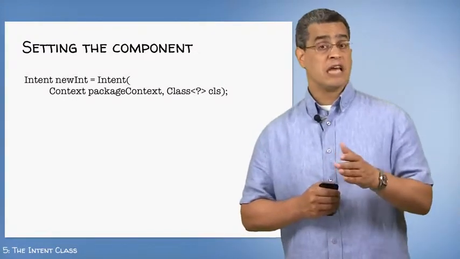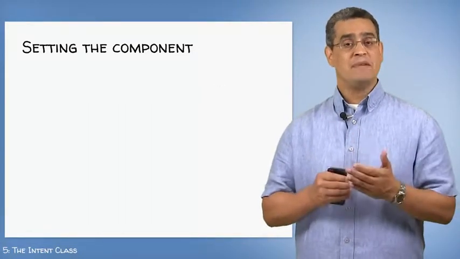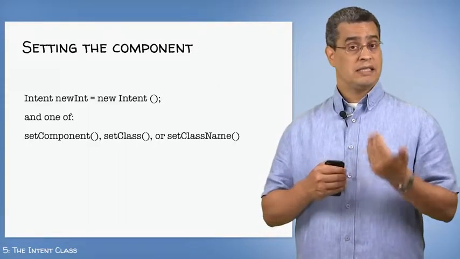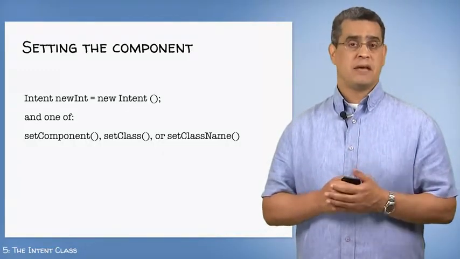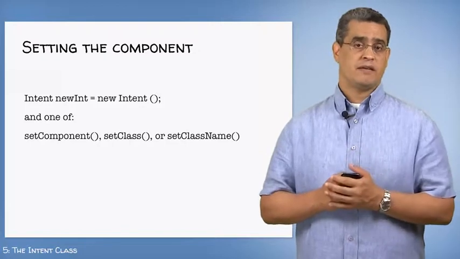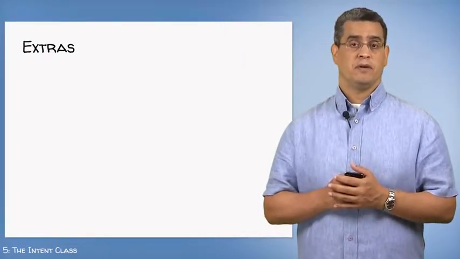And we'll see a code example of this in a few minutes. You can also create an empty intent and then use one of the setComponent, setClass, or setClassName methods to set that target activity.